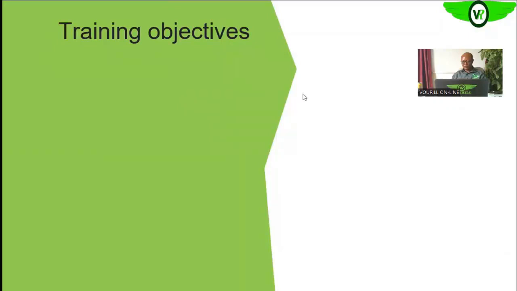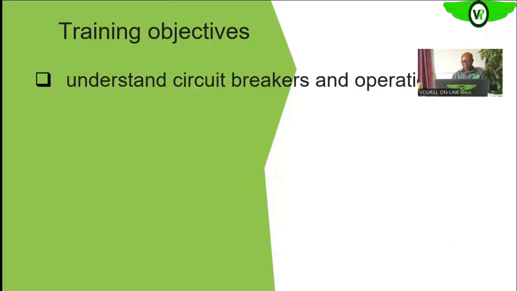So what are the objectives of this training? At the end of this training program, you want to appreciate the different types of circuit breakers and how they actually function, how they operate.